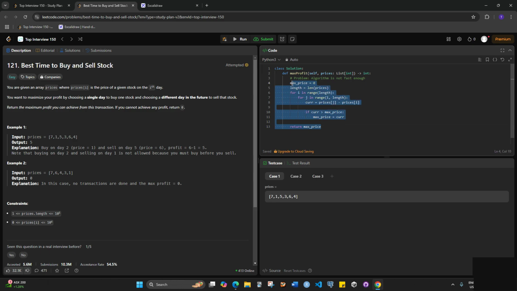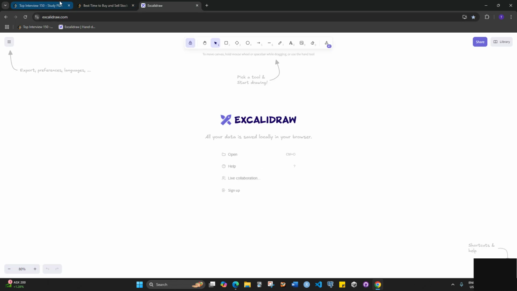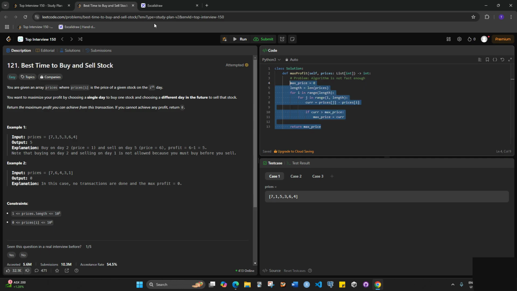Let's see. For i in range length prices, I guess we can maybe do it on a single pass.